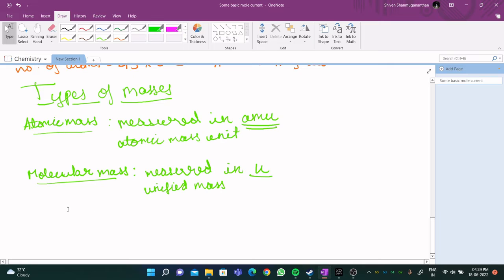Then we have molar mass, which, if you just follow the trend, is the mass of one mole of an element or a compound.